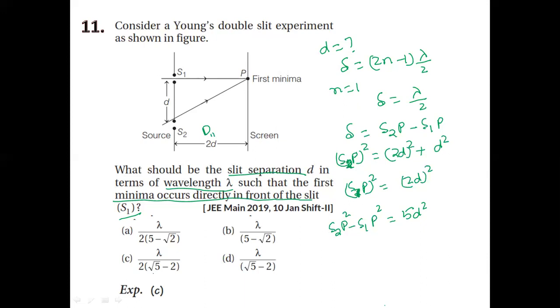One minute, instead of doing this, we'll do it another way. S2P is equal to root 5 D and S1P is equal to 2D.